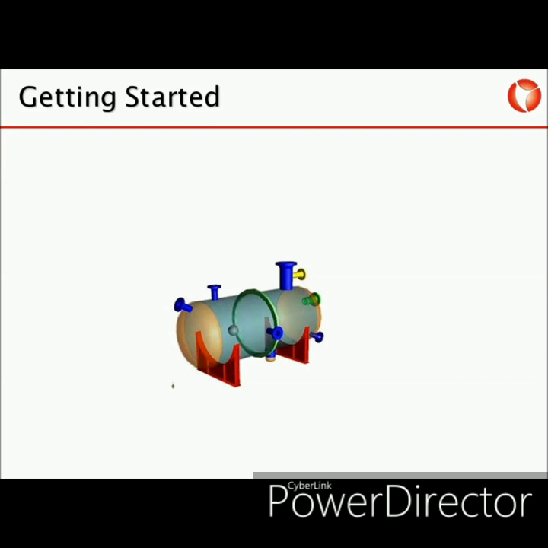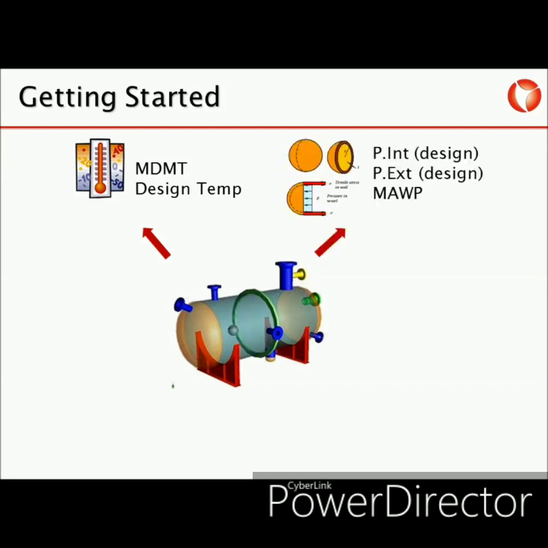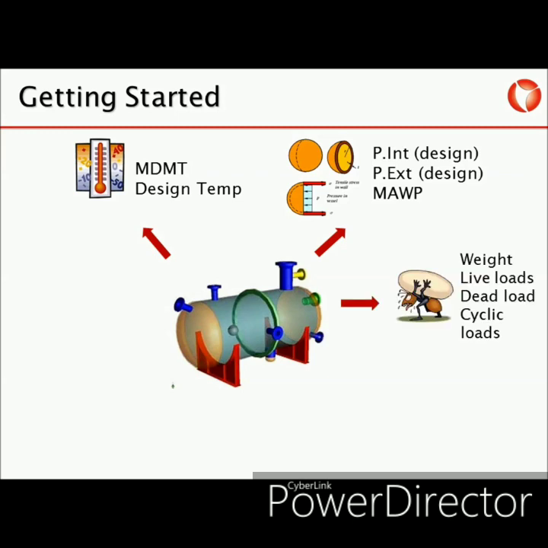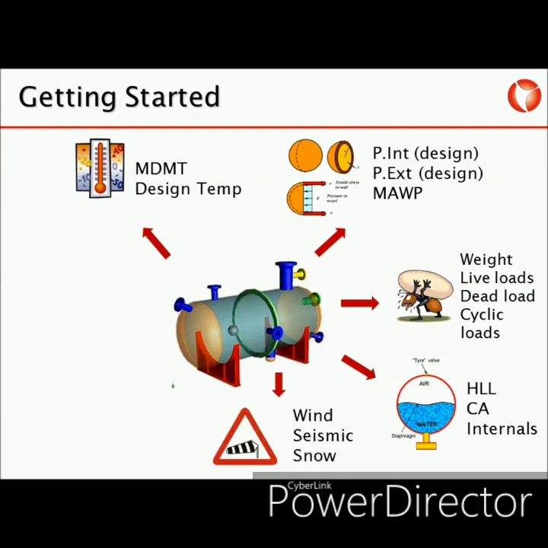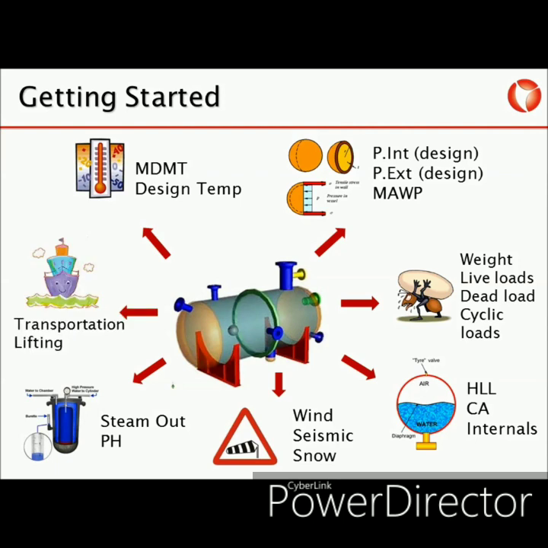Some of them are temperature, as in ambient temperature, MDMT, design temperature; pressure, operating, design, MAWP, test pressure; loading, dead loads, live loads, cyclic loading; corrosion allowance or liquid level; wind and seismic conditions; steam out; hydrostatic test requirements; transportation and lifting conditions.